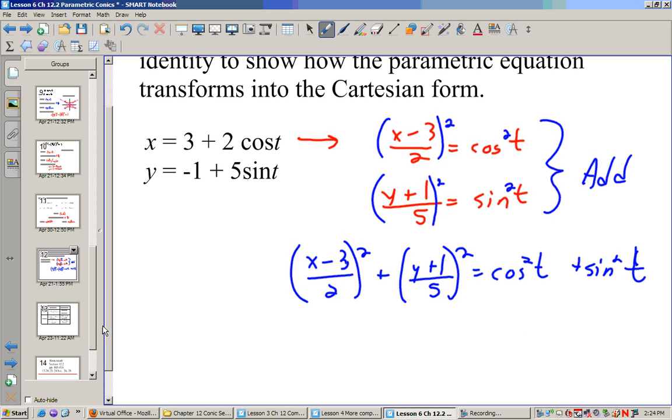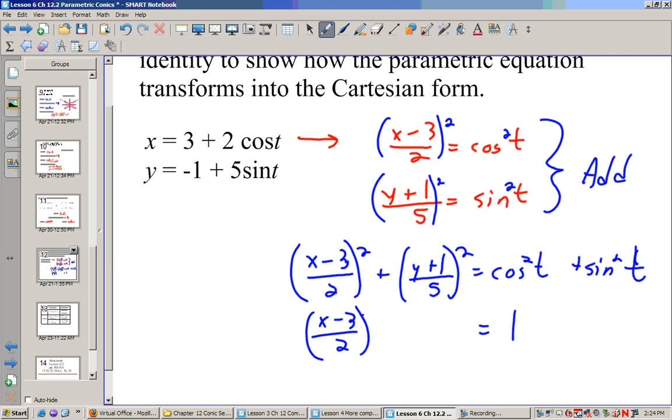And now what's sine squared plus cosine squared? It always equals 1. So we have (x minus 3) over 2 squared plus (y plus 1) over 5 squared equals 1. Alright, so this got us to our Cartesian equation.